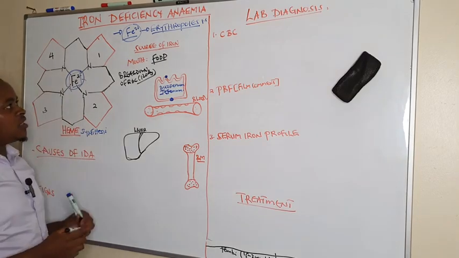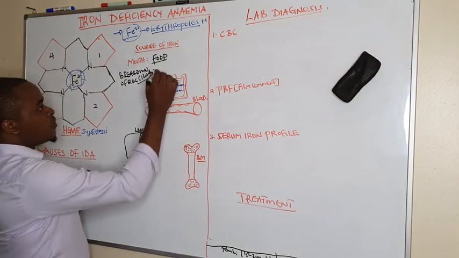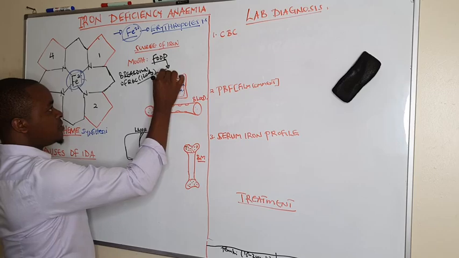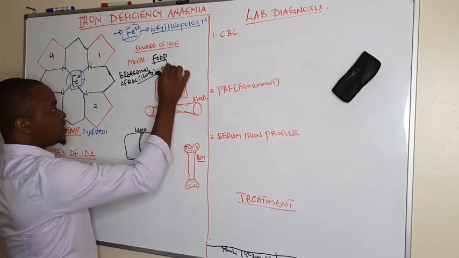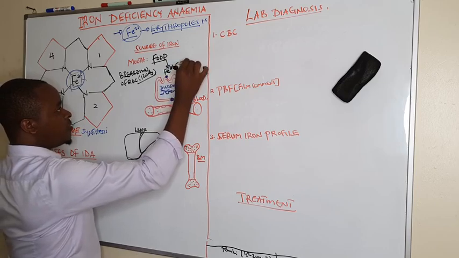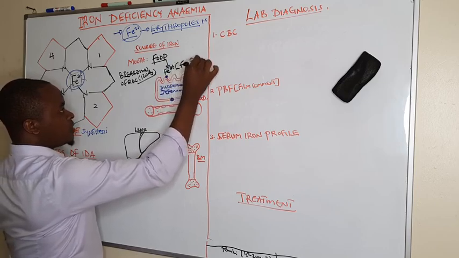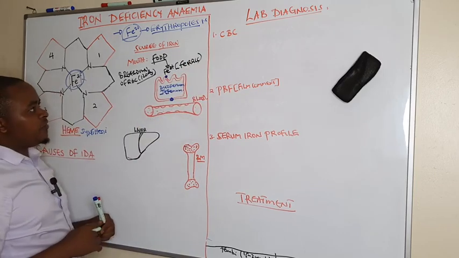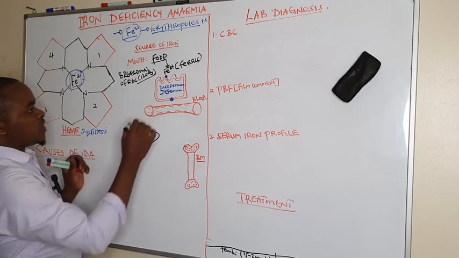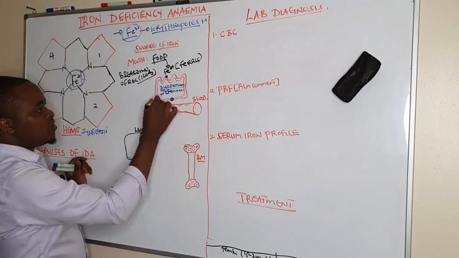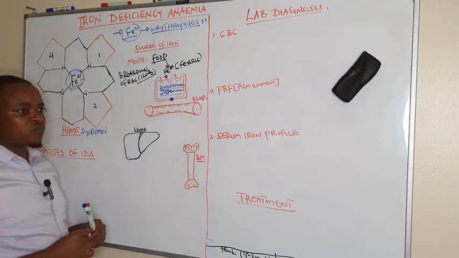After seeing the sources, when we ingest iron in food, it is ingested in the ferric state, iron 3 form. This iron is absorbed in the duodenum and the jejunum.